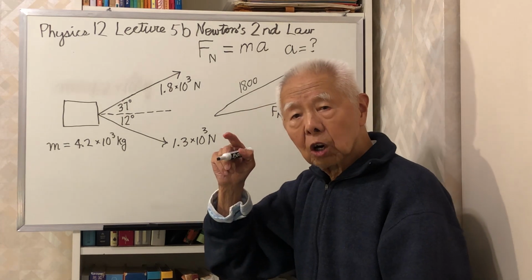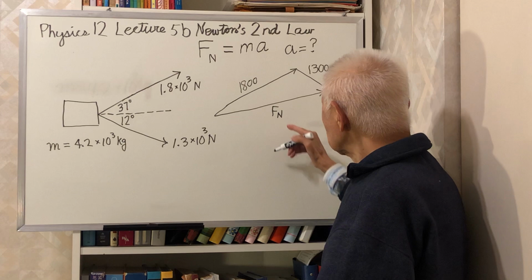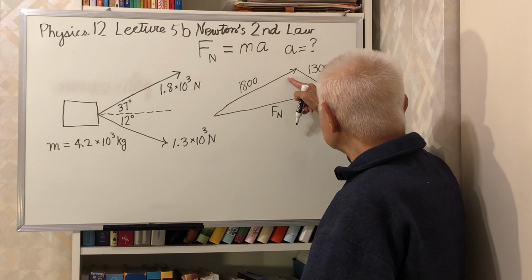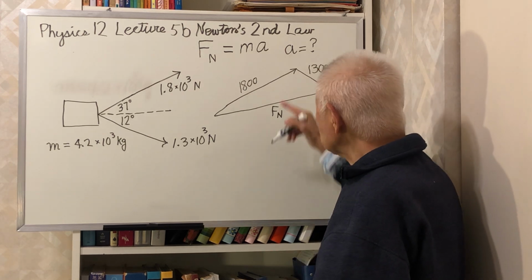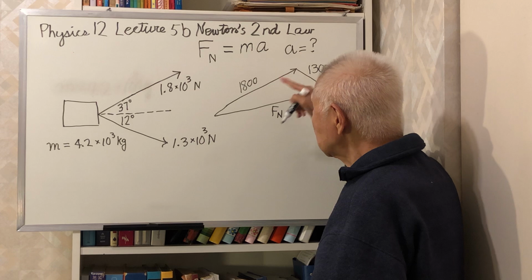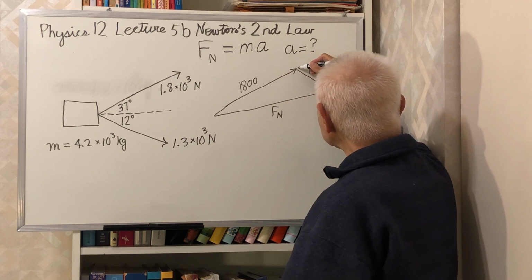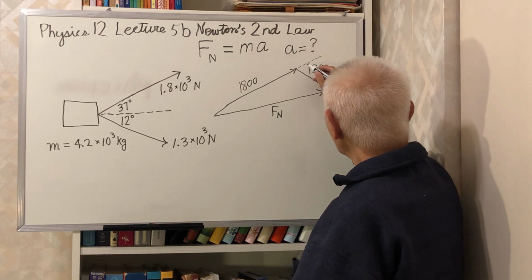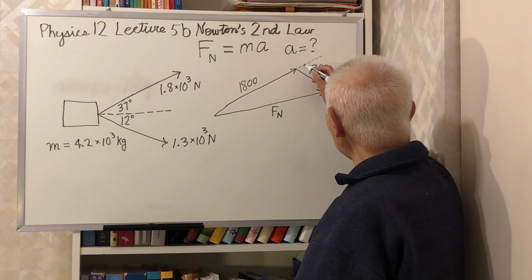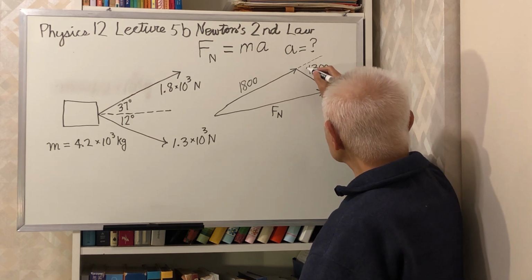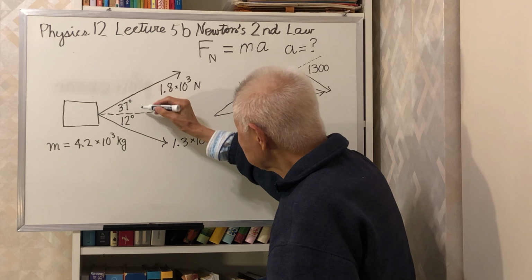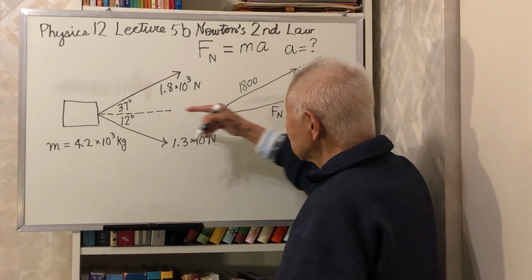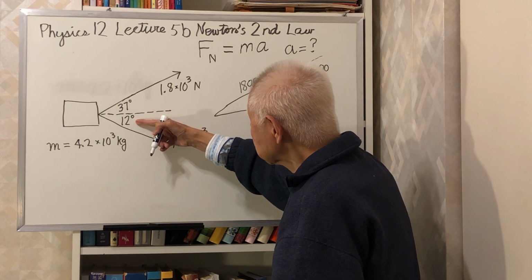We use cosine law. To use cosine law, I need this angle. If I extend this, then it is very obvious this angle is this angle. So this angle is 37 degrees plus 12 degrees.